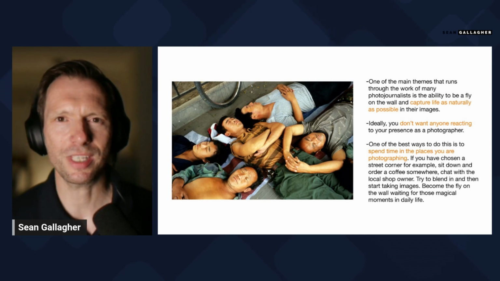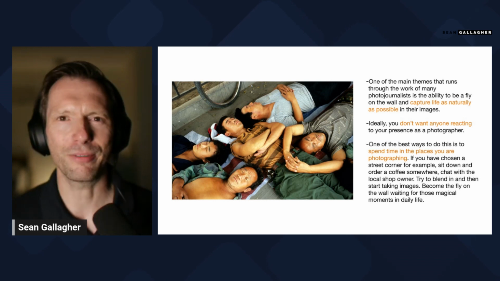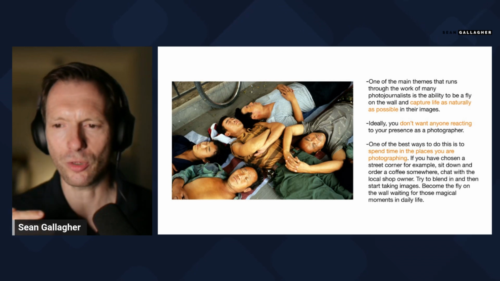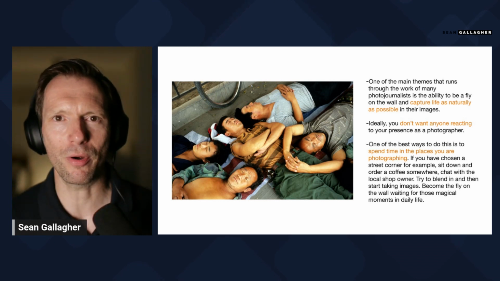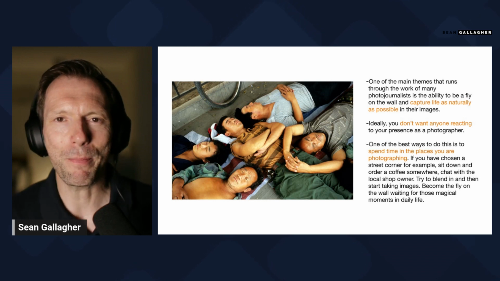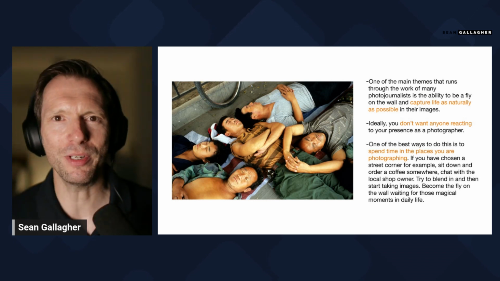So you might just sit down, order yourself a coffee, and find a little position where you can literally just sit there with your coffee and newspaper. And from time to time, if you see an interesting scene, start taking some pictures. And so you're not stood there with a big bag, with a big camera, screaming, I'm a photographer. You're embedding yourself into that community to help you get those natural images.